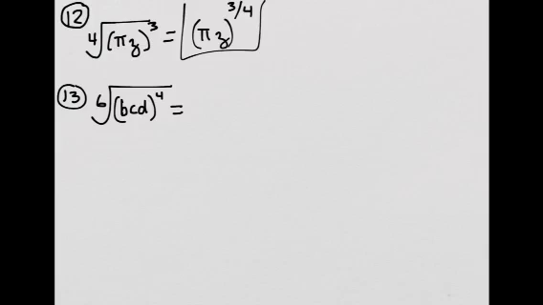So all three of those variables are being raised to the fourth power. So BCD, parentheses, we're raising it to the fourth power, and the root is 6. So 4, 6, you can reduce 4, 6, so this becomes BCD to the 2/3 power.